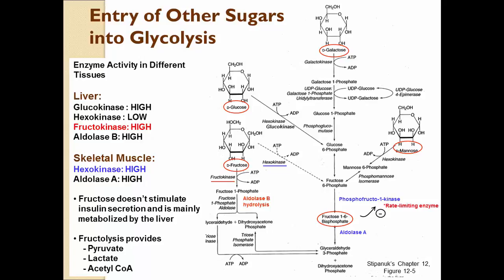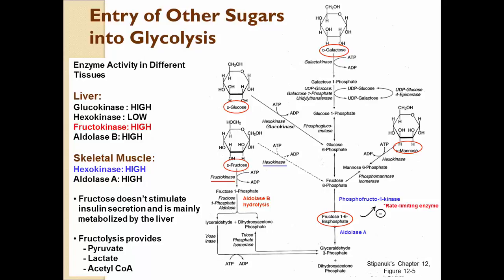And then these 3-carbon molecules join the glycolytic pathway. The main thing is that they bypass the key reaction, the key enzyme, the control step here.